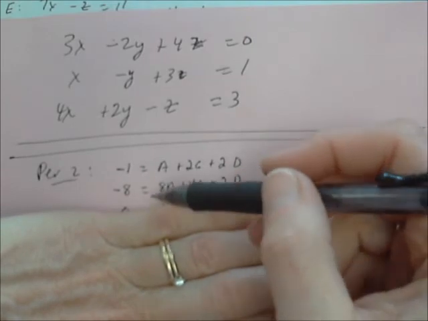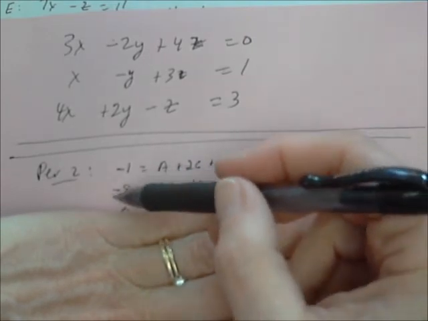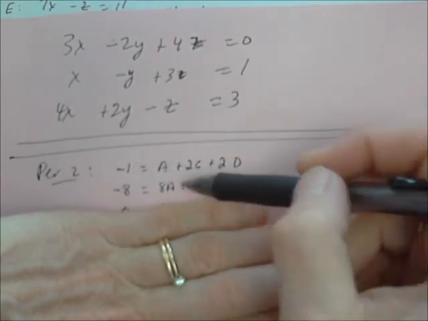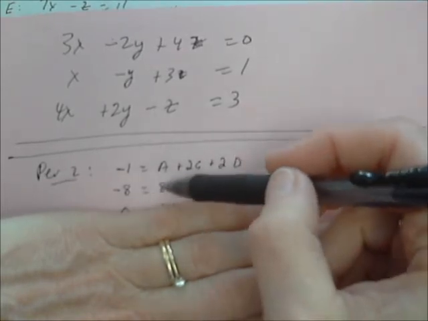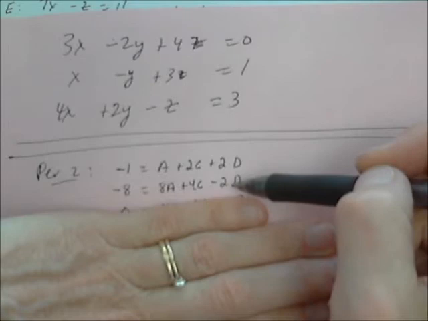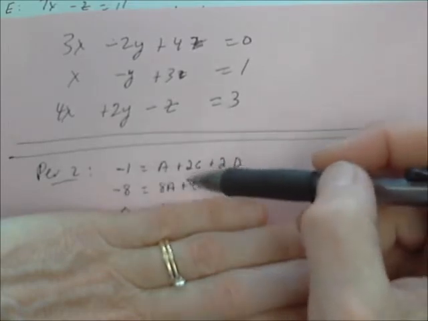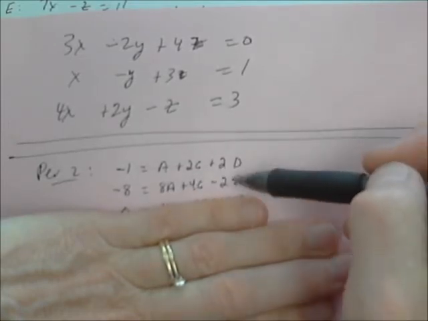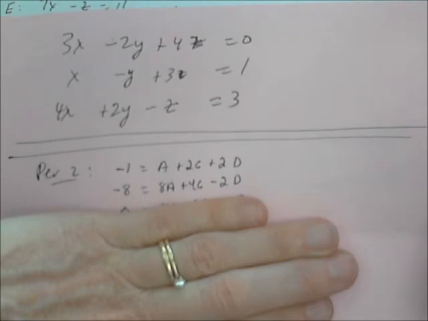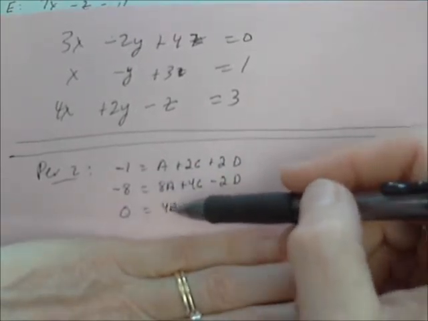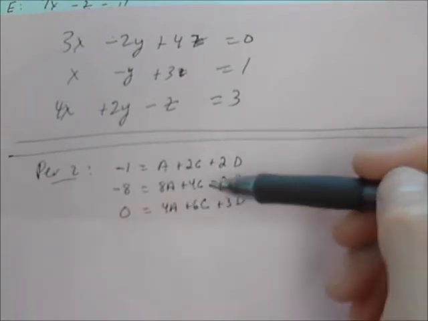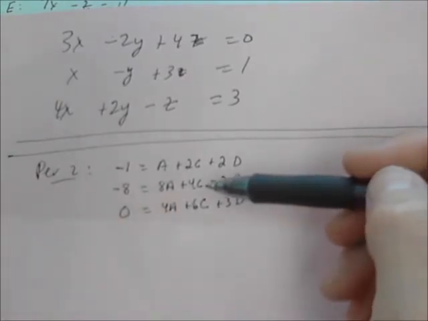Both of the classes, I believe, came up with this equation, but in period 2, we took half of each coefficient, so it ended up being negative 4 equals 4a plus 2c minus d. Period 2 ended up with this equation because we let x equal 3.